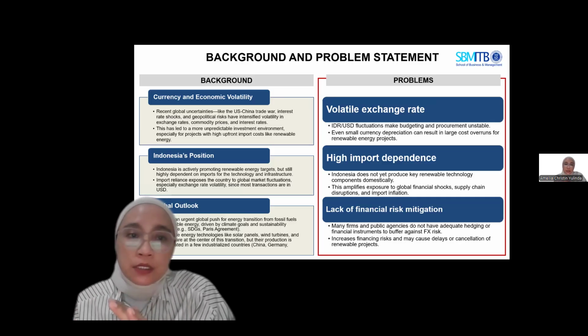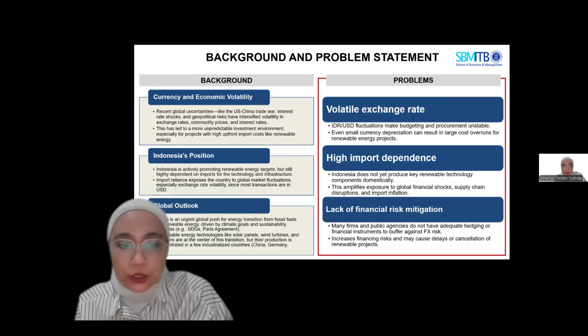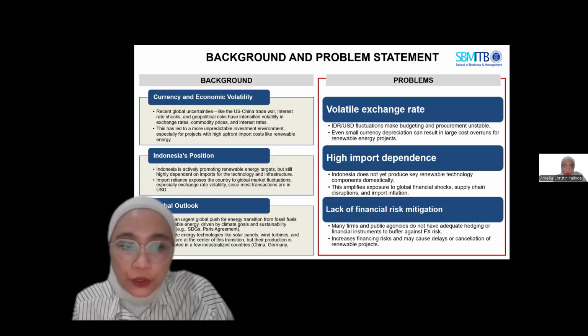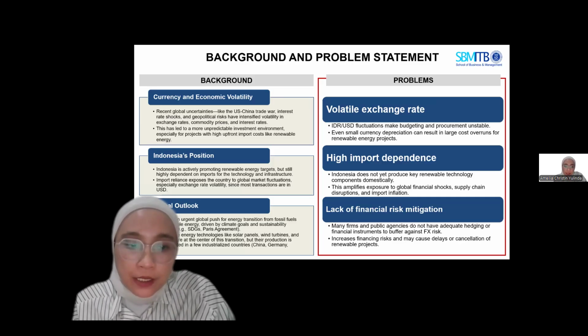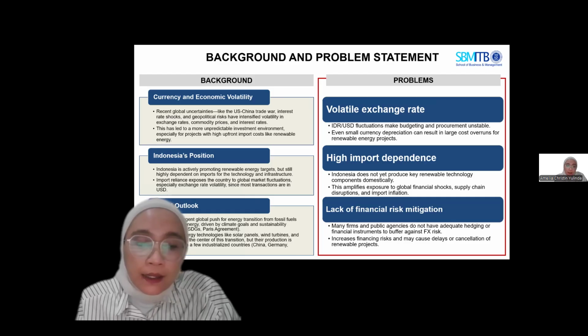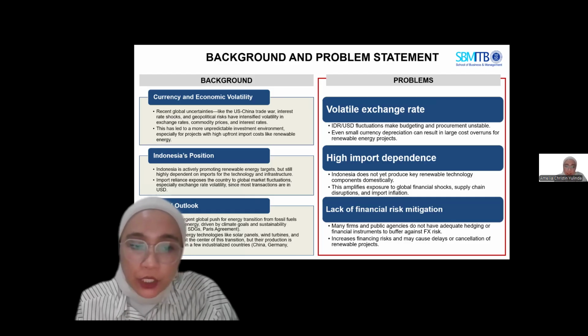The third background is about the global outlook, underlying the global push for energy transition from fossil fuel to renewable energy. It is driven by climate goals and the sustainability agenda, for instance the SDG and Paris Agreement.